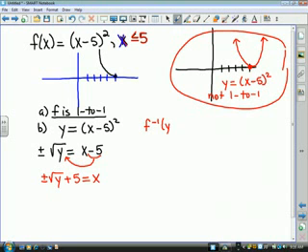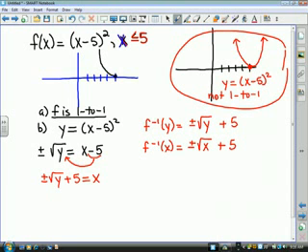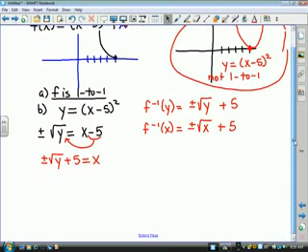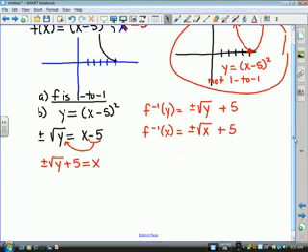So, really, f inverse of y is plus or minus square root of y plus 5, or changing it to x, we get this right here. I would show the work.